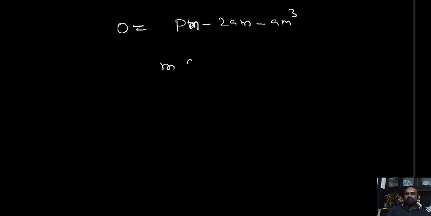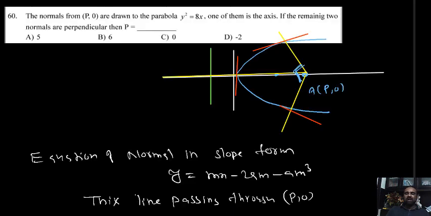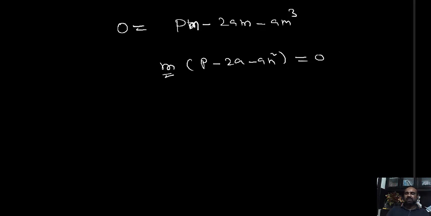Okay, now here I can take m common. So p minus 2a minus am square is equal to 0. Already m equal to 0 is one of the slopes, the axis line. That's why automatically p minus 2a minus am square should be 0.